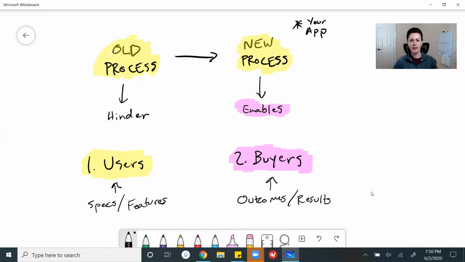Because if you're talking to your users about the outcomes or the results, those enablers, it's not going to resonate because that's not really what matters to them. And on the flip side, if you talk to your buyers about those technical specs and you start throwing out technical terms and technical jargon at them, it's not really going to resonate because that's not really what matters to them. It's the outcomes and the results that matter to them.